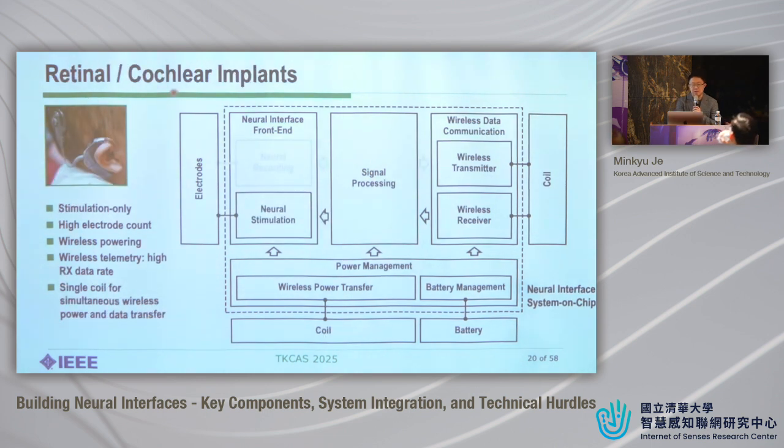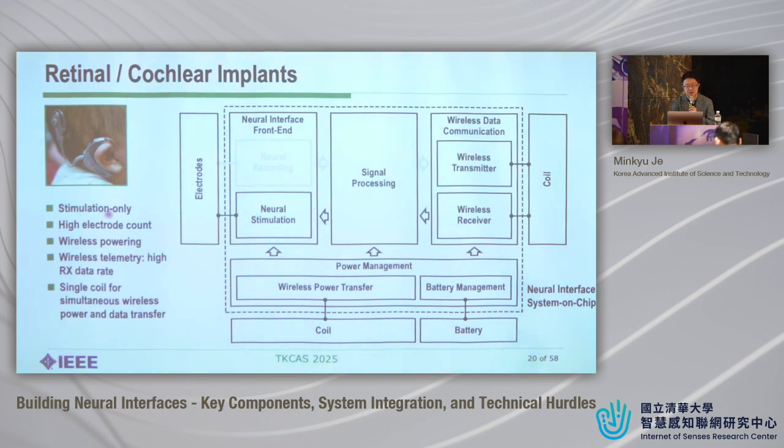So retinal implants or cochlear implants can be other significant examples, right? It is for disabled patients suffering from hearing or visual impairment. Basically, it is evoking the visual or audio sensation through electrical stimulation.